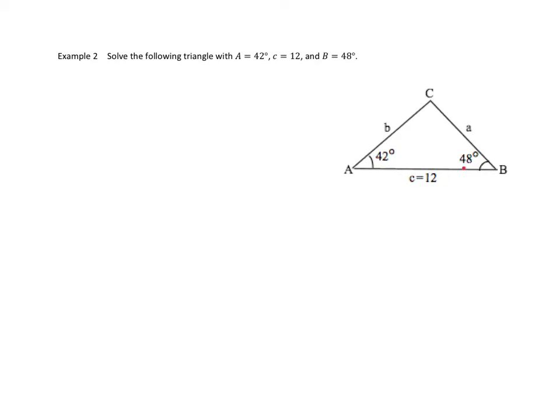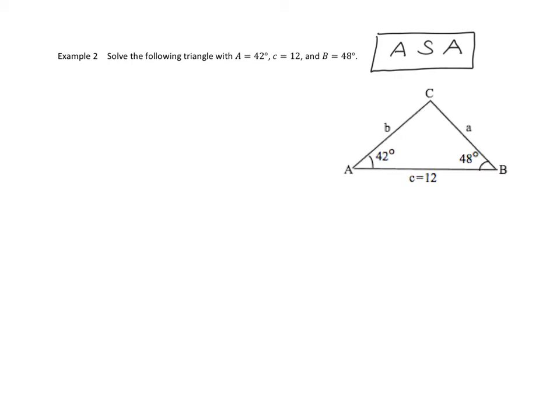So the way that this information is actually given in the triangle is as follows. You're given an angle, a side, and an angle. You can use the law of sines to solve this particular case. So it's slightly different than the previous example only because the side is between the two angles as opposed to adjacent to only one of the angles.